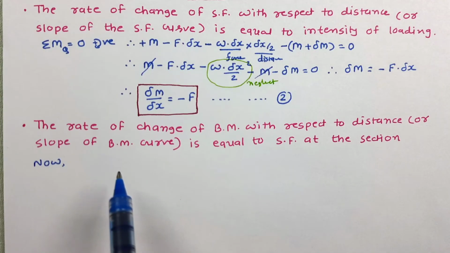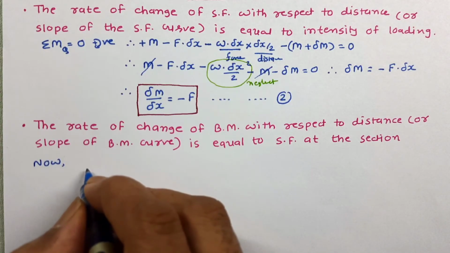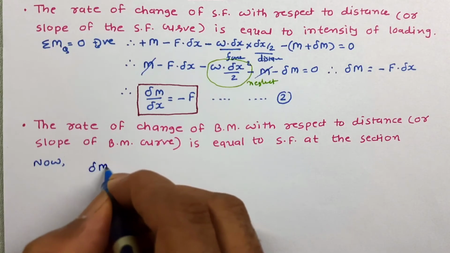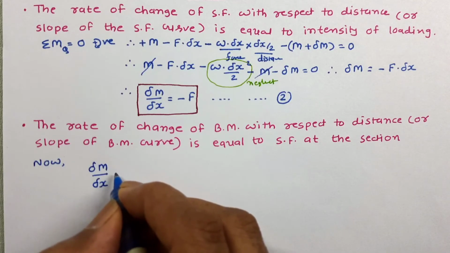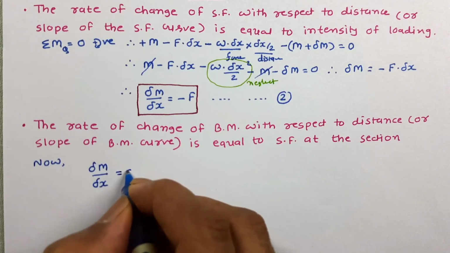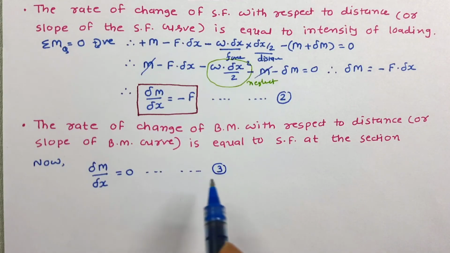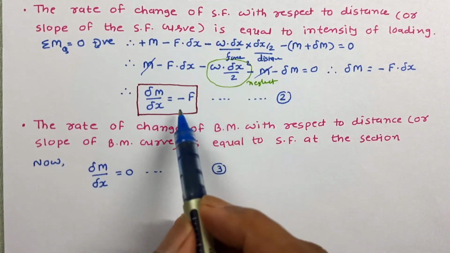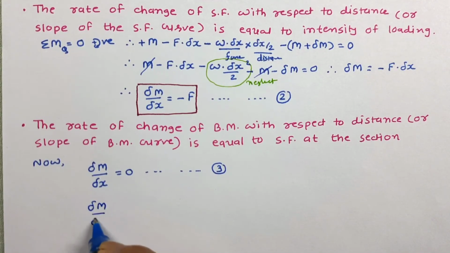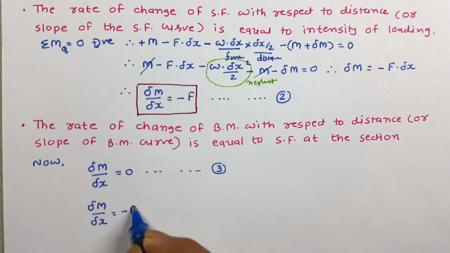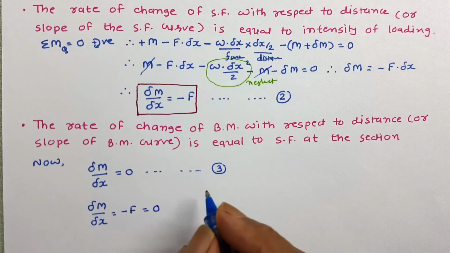If we want to work out the maximum value of bending moment, the slope of the bending moment curve should be 0. So for that we can write del M by del x, which is nothing else than the slope of the bending moment curve, should be 0. This is equation 3. But from equation 2 we know that del M by del x is equal to minus F, and from this equation it is equal to 0.